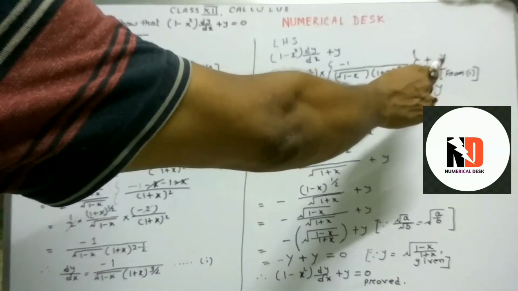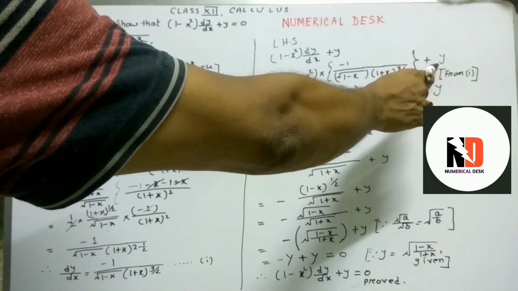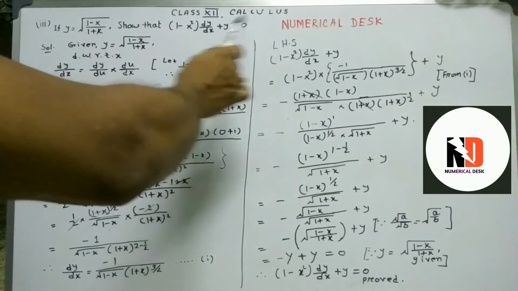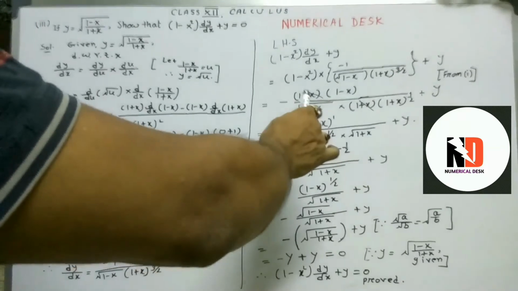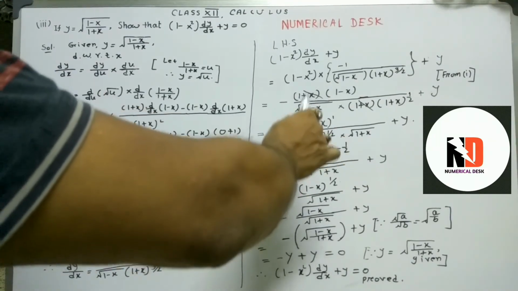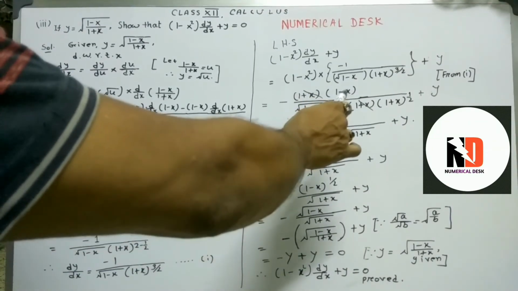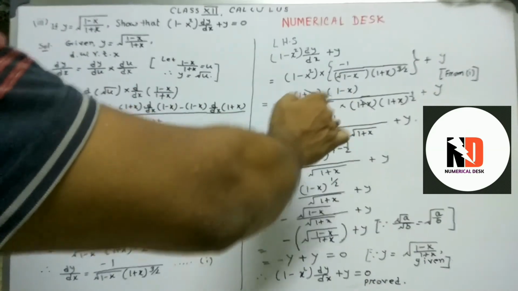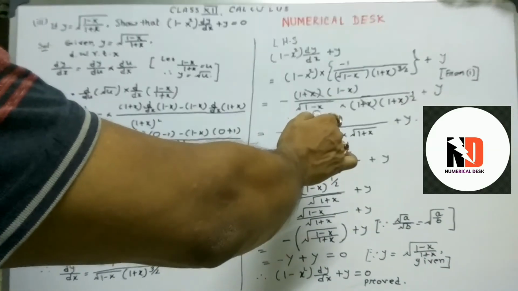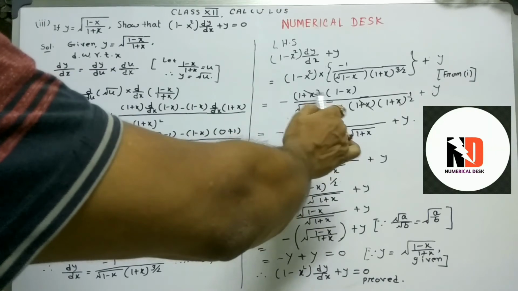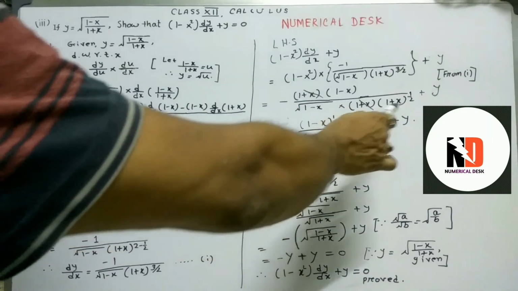Tactfully see this part very carefully. This is the part where a number of students get confused, because to remove the square root from the denominator, from the numerators, a number of bottlenecks are there.